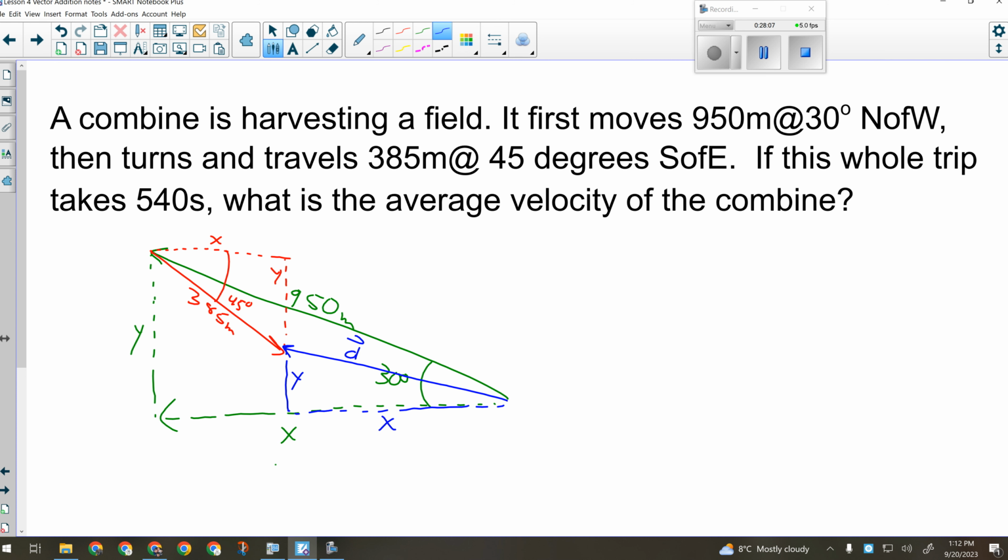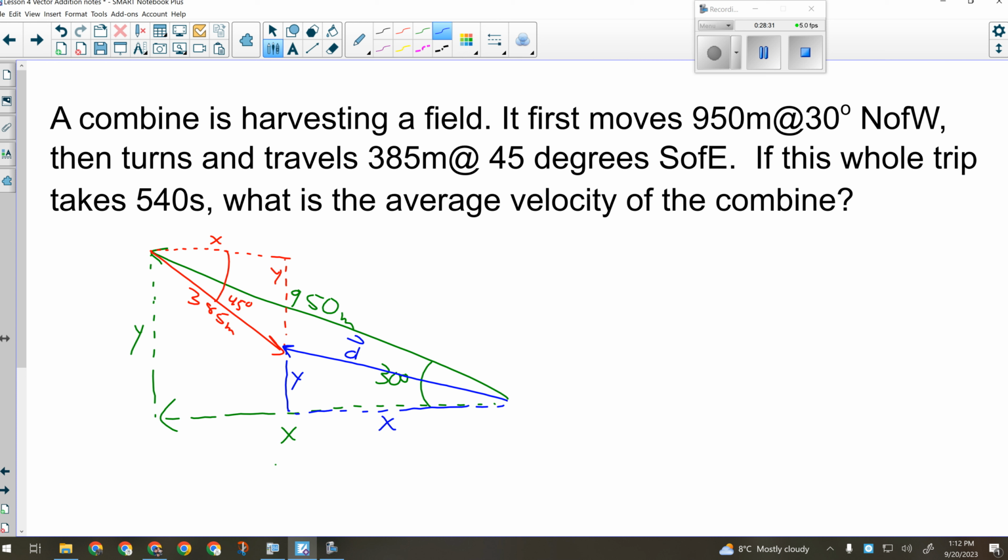I just don't connect those vectors tail to head. I draw their diagrams separately, and then I put all the x's and y's together at the end to make the final picture. The drawback is I don't see what my resultant looks like until after I've done all my calculating. The plus side is I don't have to look at a busy diagram. You have to decide what's going to work better for you.